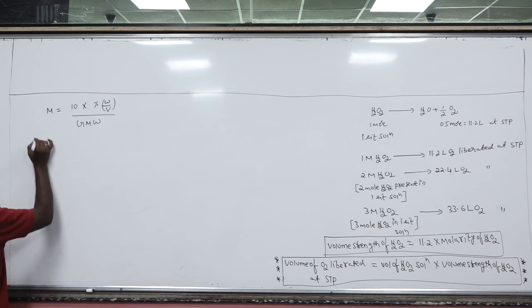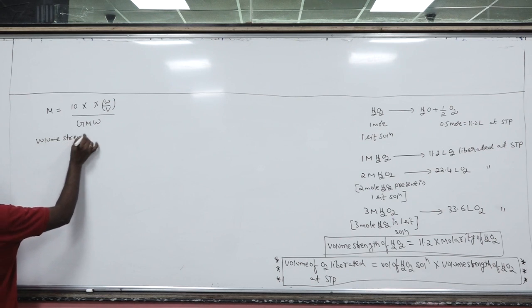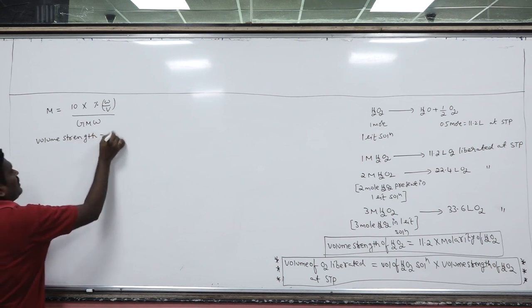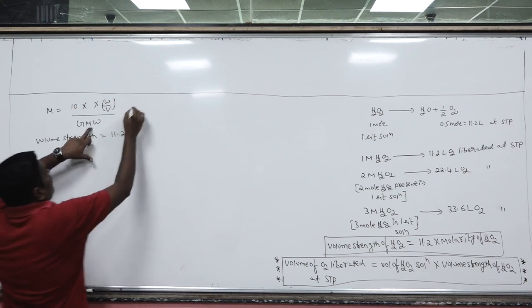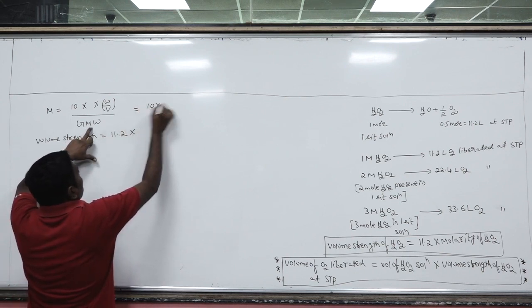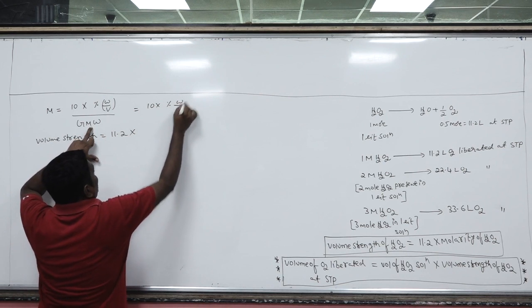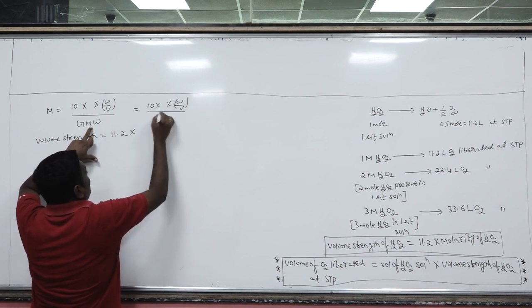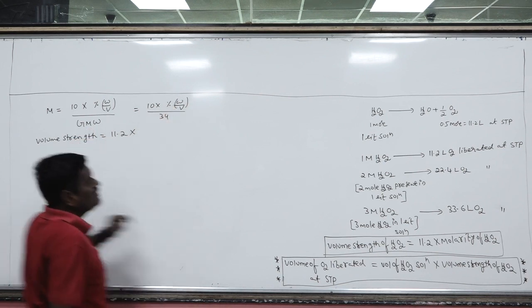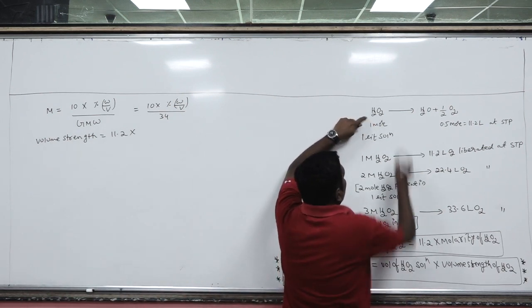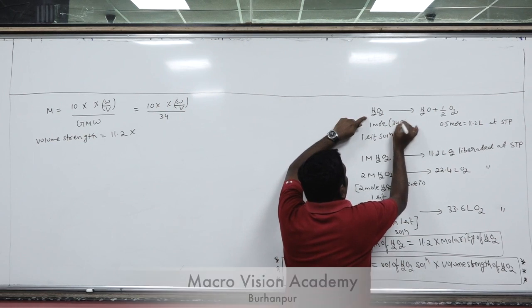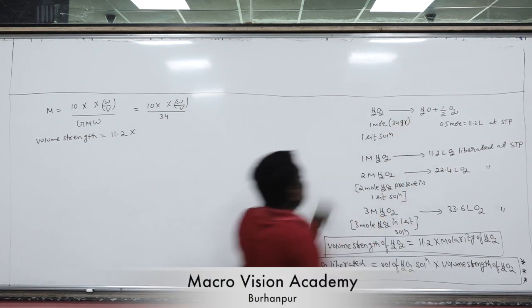Now volume strength will be equal to 11.2 into, what is the gram molecular weight of hydrogen peroxide? 34, because O2 is 32 and H2 is 2, 32 plus 2 is 34, so 1 mole of H2O2 is 34 grams of H2O2.